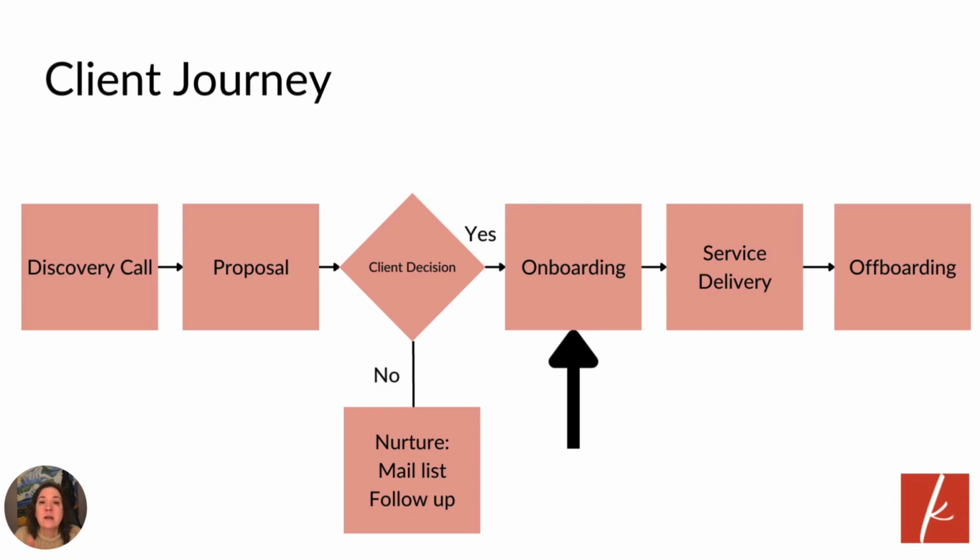Like, what do we do there? And then how do we onboard them? How do we actually deliver the service? What are all the steps around delivering the service? And then finally, how do we offboard them? So we can see now all the places that we need to kind of work through in order to create the processes. And for our purposes today, we are going to focus on onboarding.